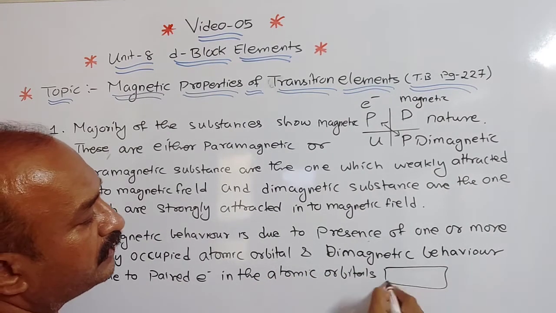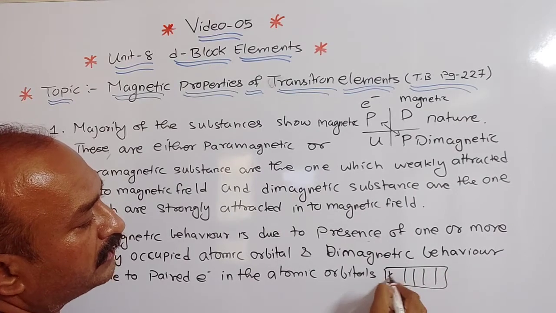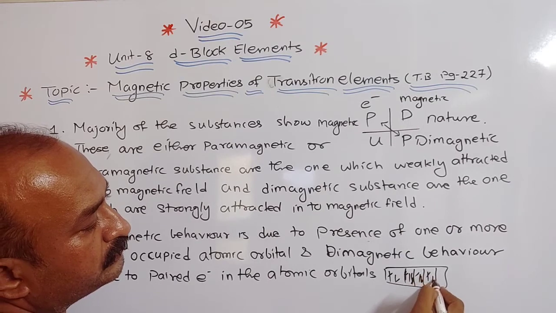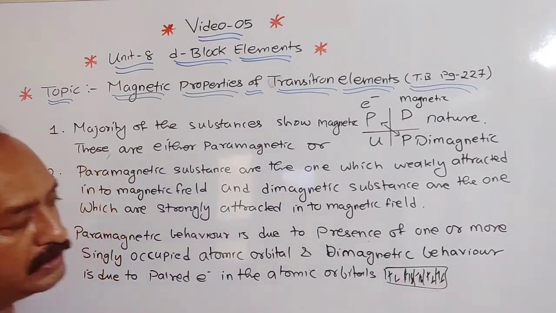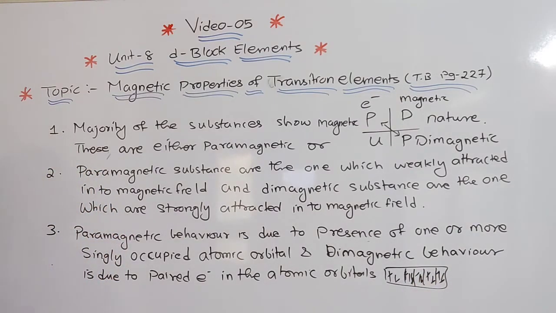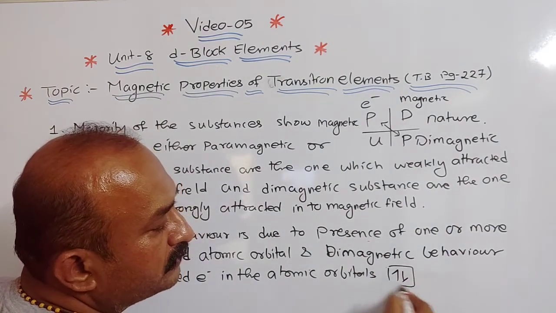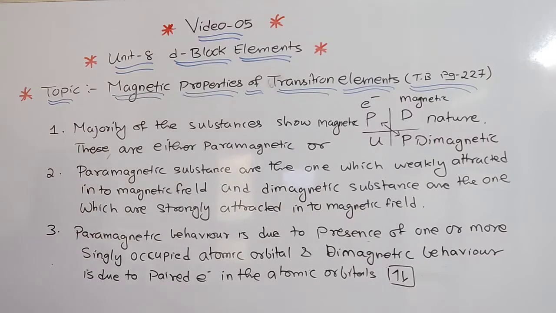Paired electrons means like this, all are completely paired. Understood? This way you can remember. So the word is paired electron. Singly occupied means like this. So paramagnetic property is due to this, and diamagnetic is due to paired electrons.